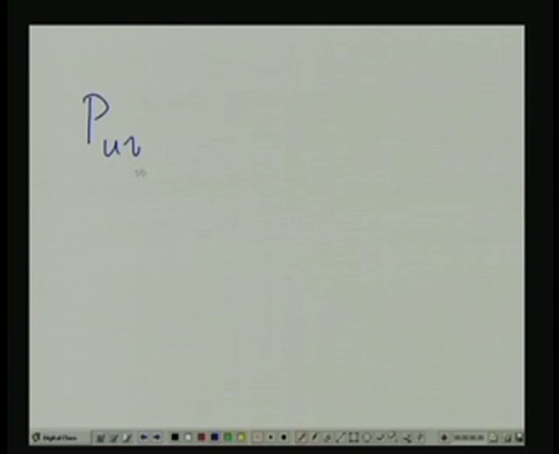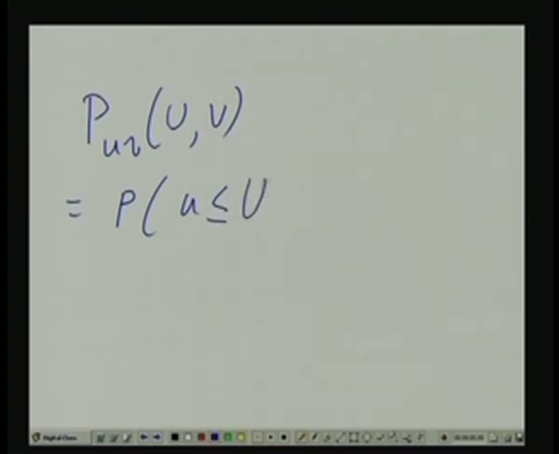Joint probability distribution of u, v. What is this? This is the probability of u taking value less than or equal to some number capital U, and v taking value less than or equal to some number capital V.